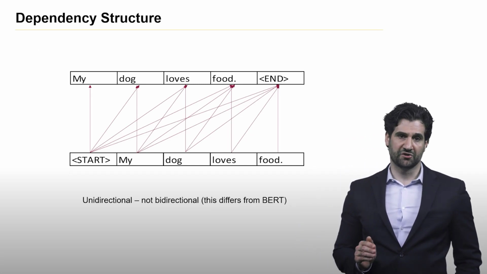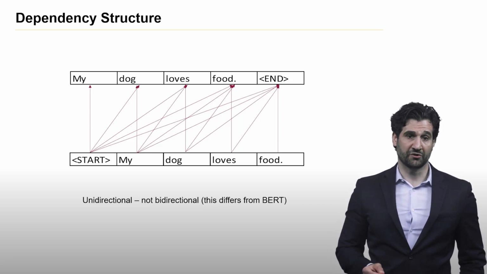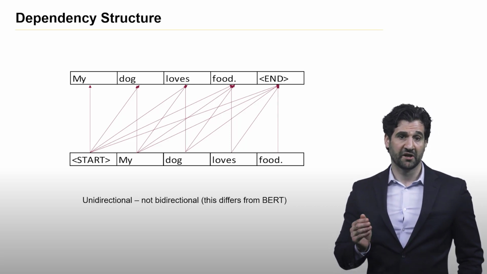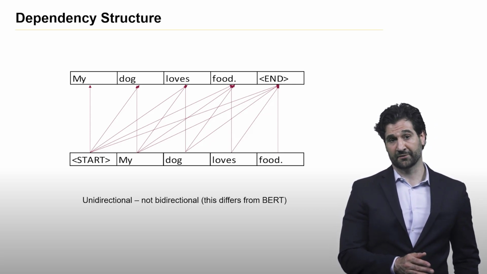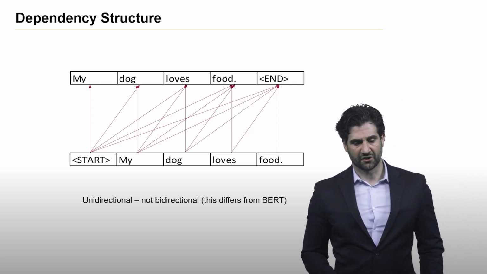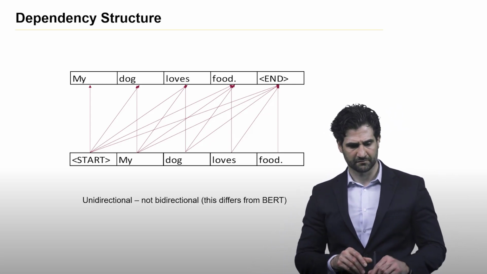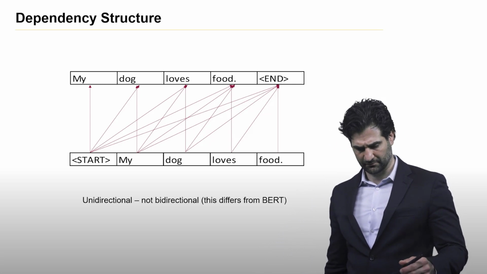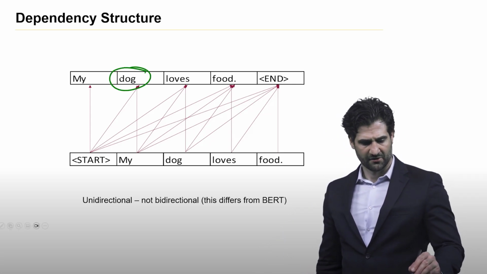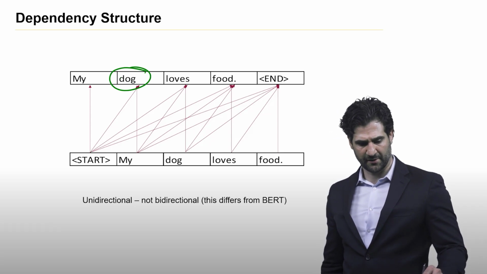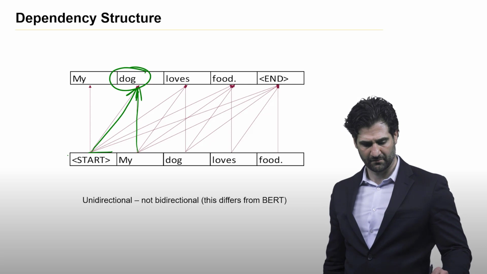But it's more than just that token in the input mapping to the corresponding position of the output. The output token can also depend on everything that came prior. So we see that, for example, with dog, we have a dependency coming from both the start token and the my token.